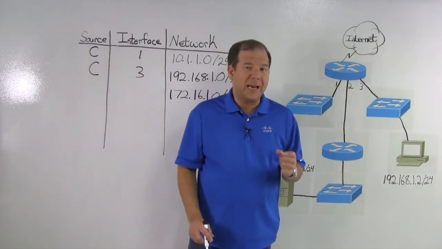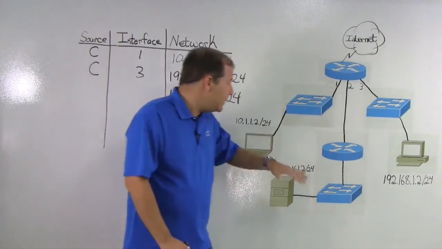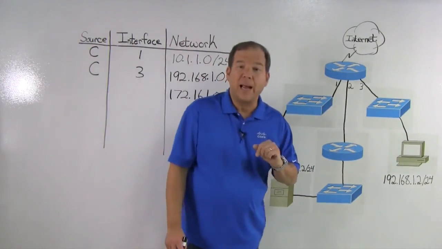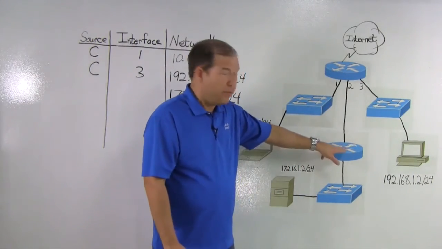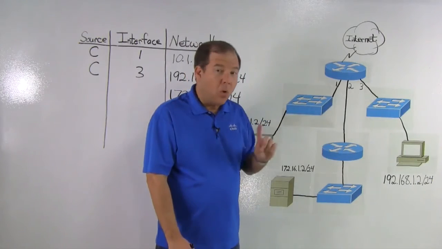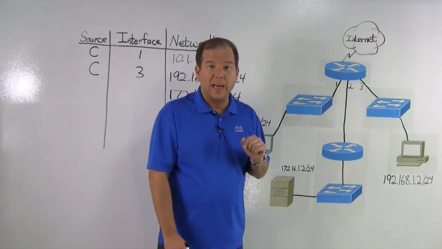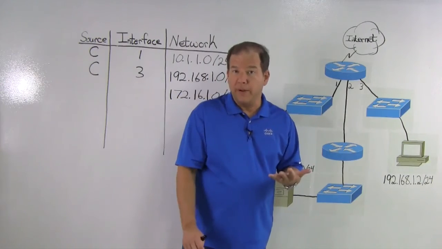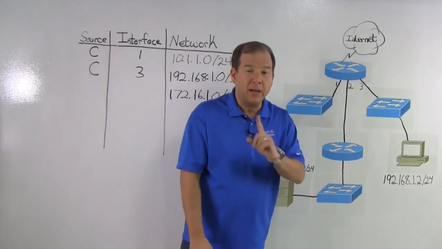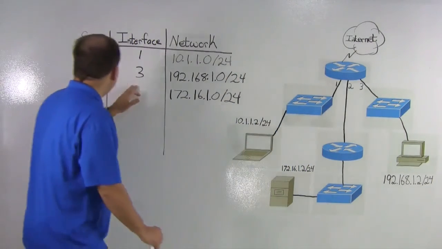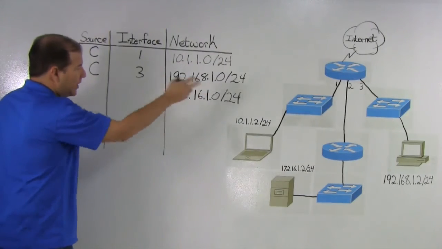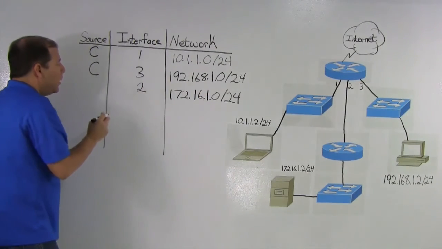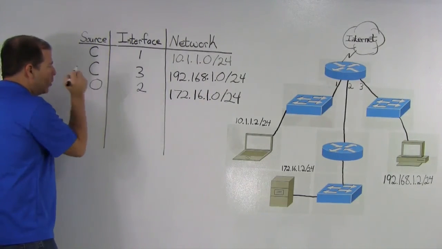We could have gone in and administratively said, to get to this network, we should send packets to a next-hop address of this router's IP address. Or we could have been running a routing protocol, such as OSPF, EIGRP, or RIP. We could have dynamically learned about it. Let's pretend that's what we did. Let's pretend that we learned this network, which is available off of interface 2. We learned it via OSPF as our routing protocol.